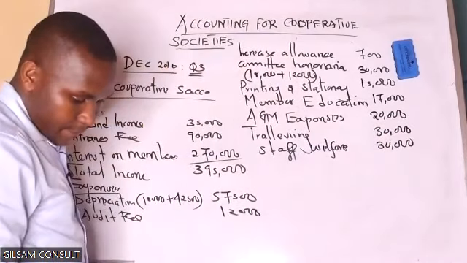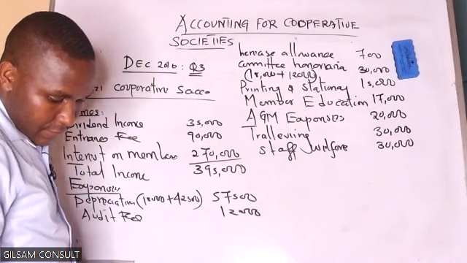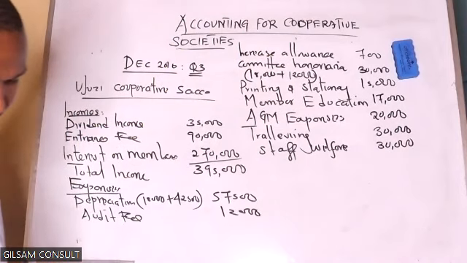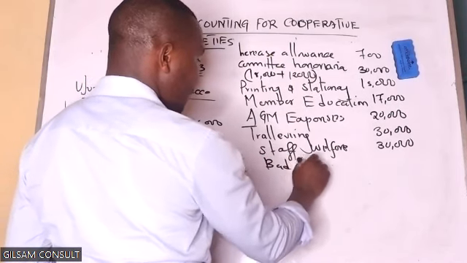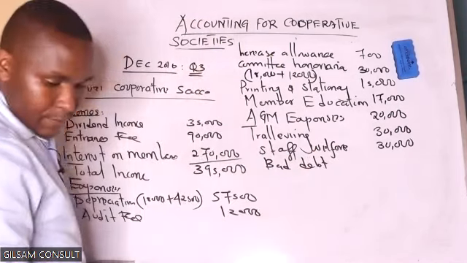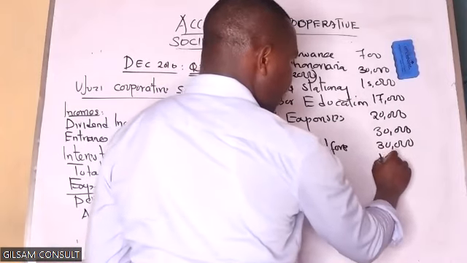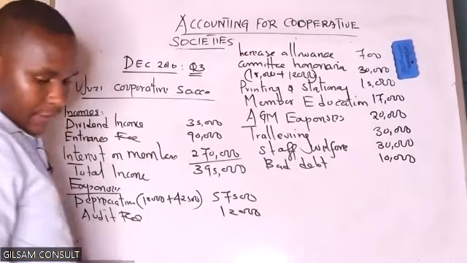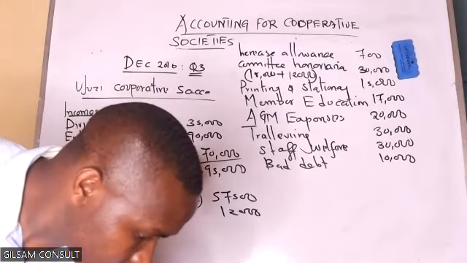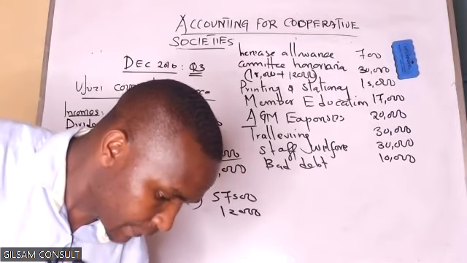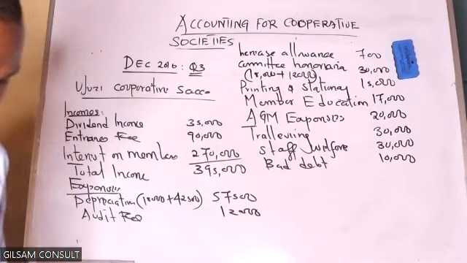We have dividend paid, that is not an expense. Accounts receivable. Bad debt written off, 10,000. Dividend income, dividend deposit, bank loan. I think up to that point we have exhausted expenses, unless there are any other expenses.